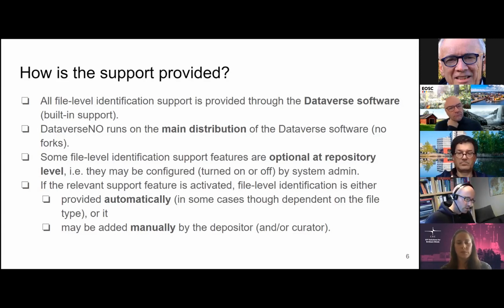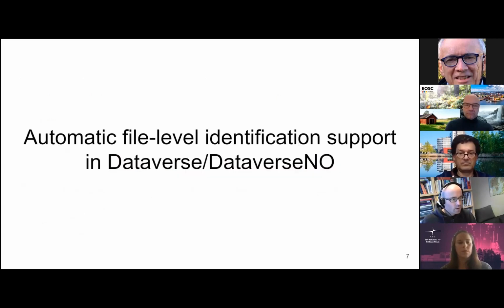If the relevant feature is turned on or activated, file level identification is either provided automatically by the repository, although in some cases it's dependent on the file type, or it may be added manually by the depositor and/or curator of the collection. So first, let's have a look at the automatic file level identification support.